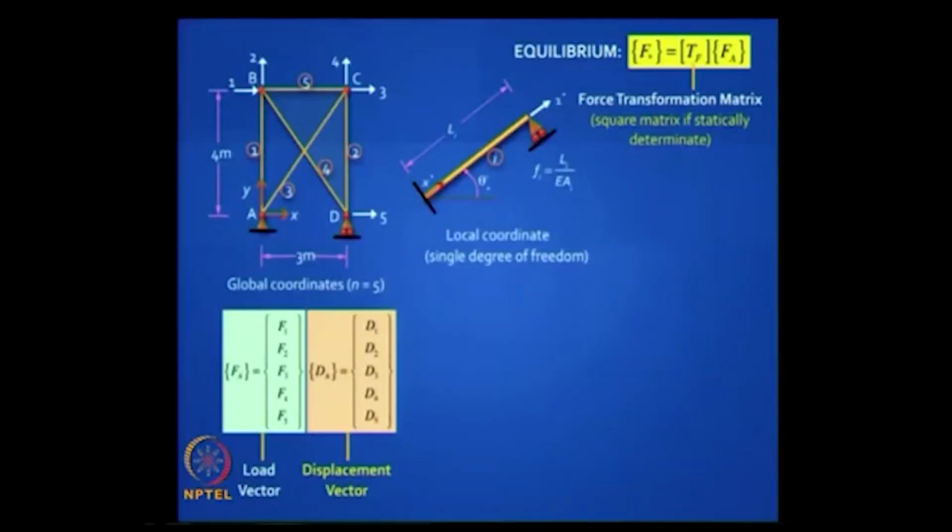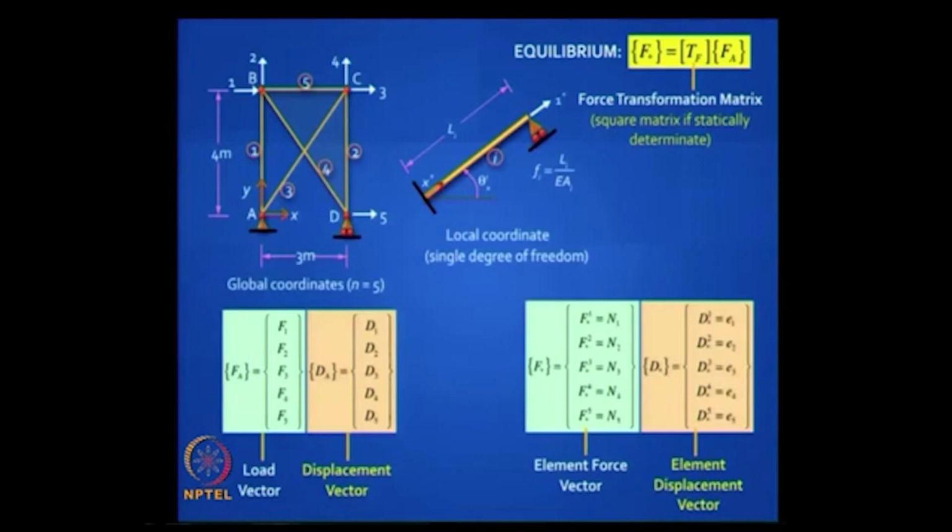So FA has 5 components, DA has 5 components, they refer to the joint movements, right. You know what F1 is, you know what D1 is, F2, D2, etc. This is external. What about internal? F star also has 5 because there are 5 bars. Now I have written here F1 star, F2 star, F3 star, but you can write if you want F1 1 star, because really your degree of freedom is 1 star.